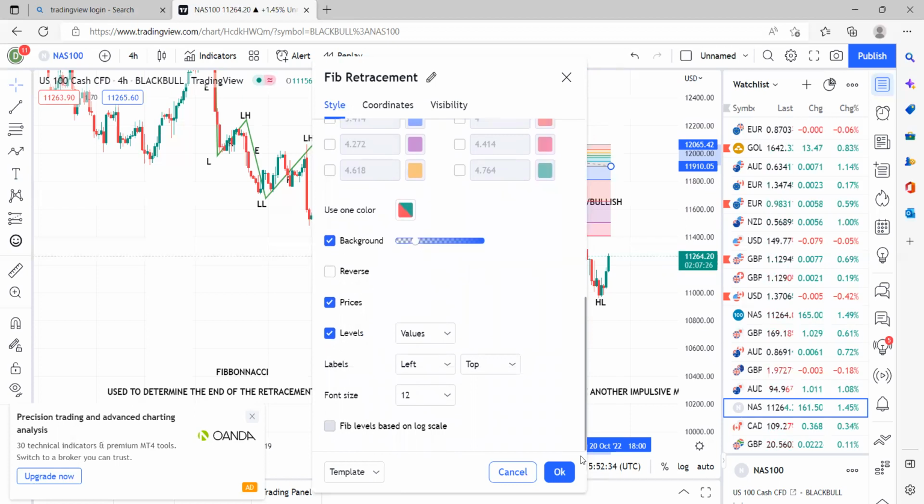Then now switch off that background. And then let's go up a bit again.